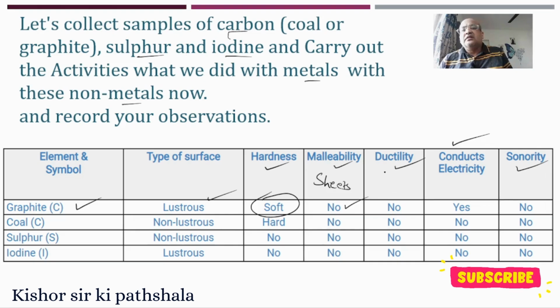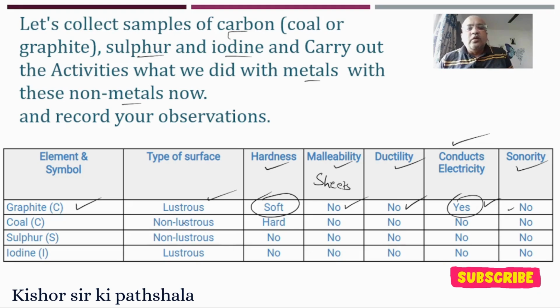No. Does it have ductility? No. Does graphite conduct electricity? Yes, graphite conducts electricity. That's the reason graphite is used as electrodes in electrochemical cells. Now let's come to the sonority. Do we get a sound with graphite when we strike it? No.